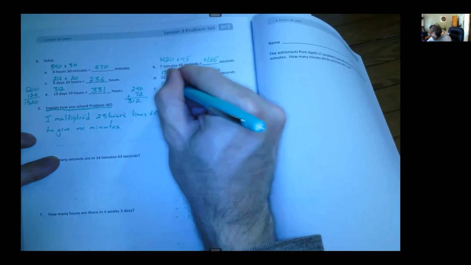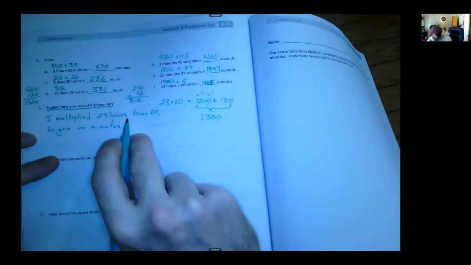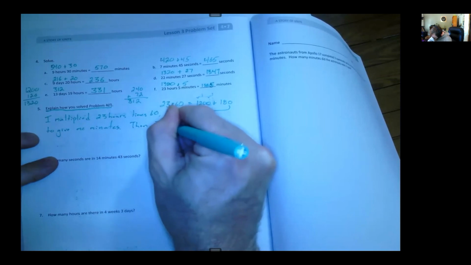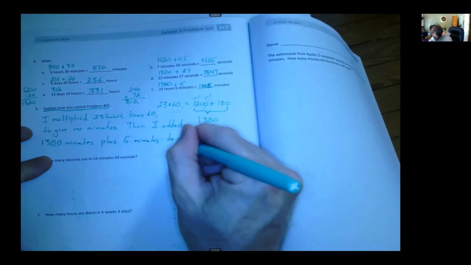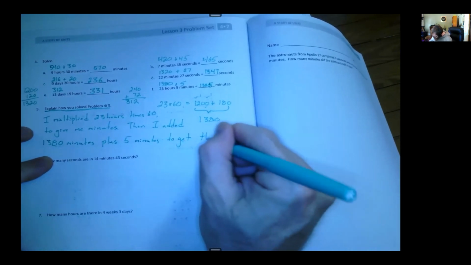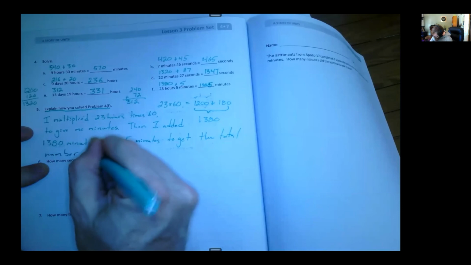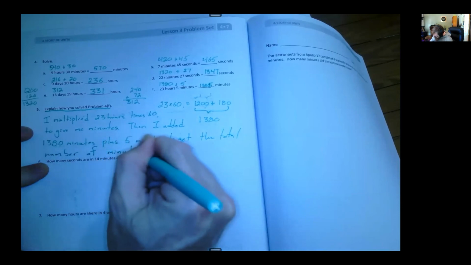Because we get 1,380, that's 23 hours, but we still have to add the separate 5 minutes. 23 hours times 60 to give me minutes. Then I added 1,380 minutes plus 5 minutes to get the total number of minutes.